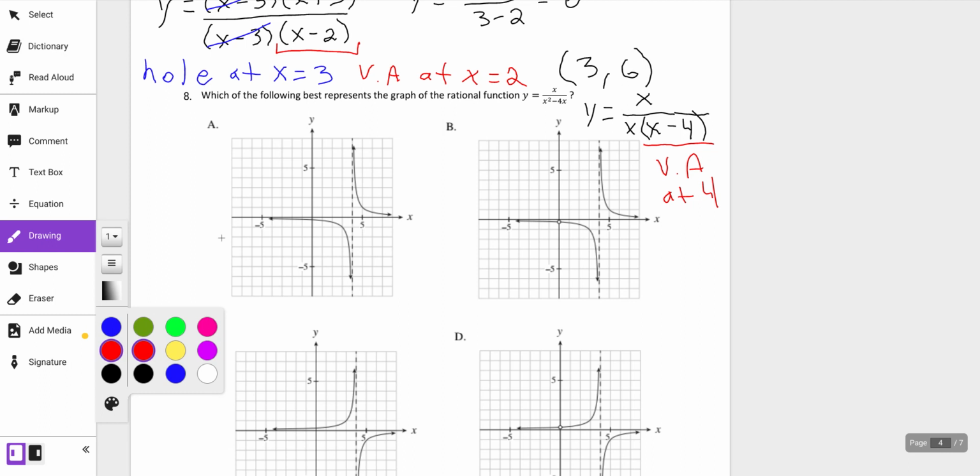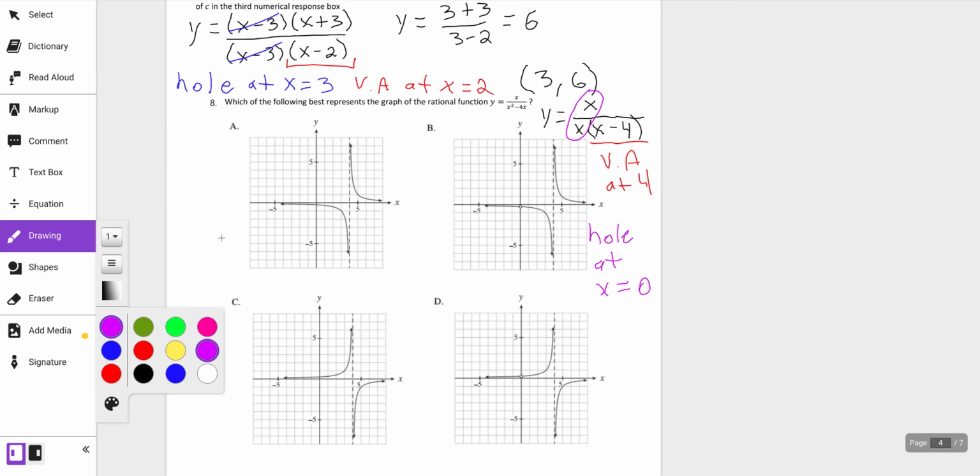Looking at my answers, they all have a vertical asymptote at 4. The next thing it tells me is that I have an x that would cancel with an x. That gives me a hole at x equals 0. Looking at my answers, there's no hole on A, there's no hole on C. B has a hole right there, D has a hole right there.